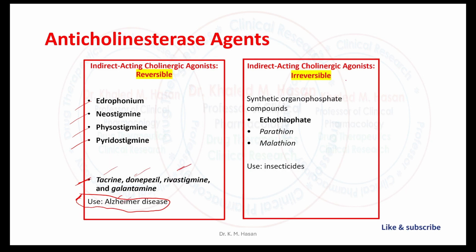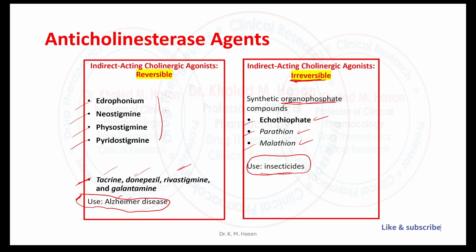Another group of medication is considered irreversible: echothiophate, parathion, malathion. For indirect acting cholinergic agonists, irreversible, we have organophosphate compounds, echothiophate, parathion, and malathion, and these are used as insecticide.